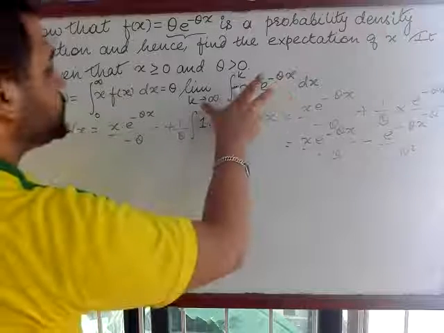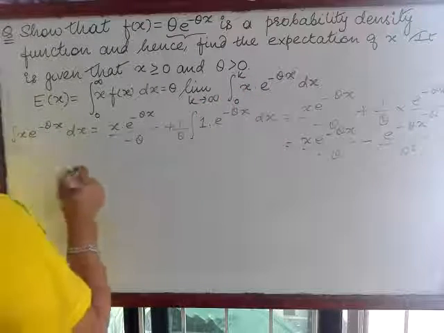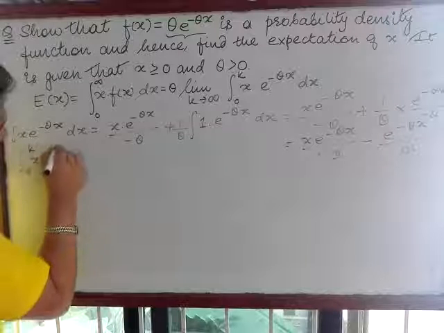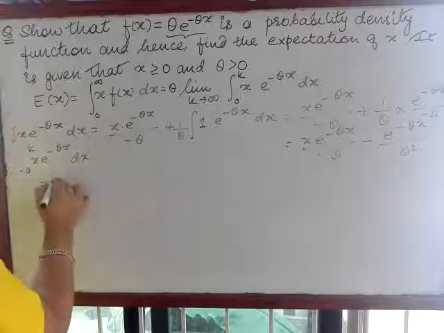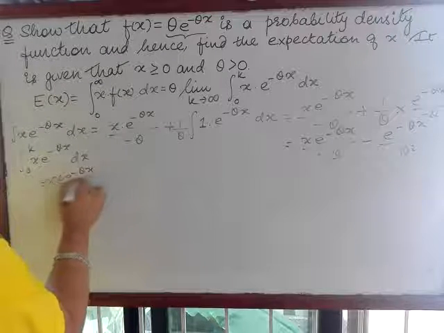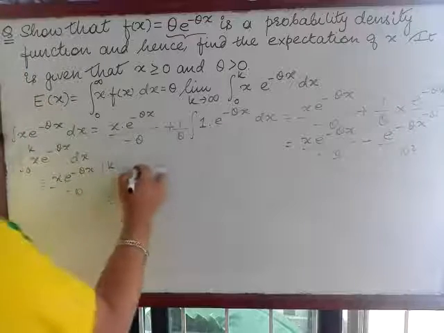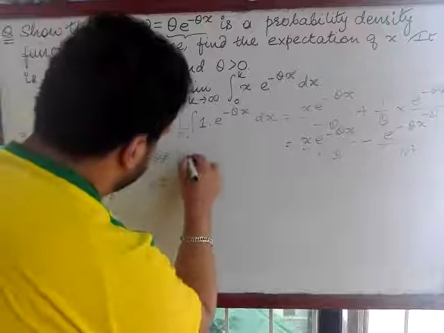So we need to apply the limits 0 to k. The integral from 0 to k of x e to the power minus theta x dx will be equal to x e to the power minus theta x by minus theta from 0 to k, minus e to the power minus theta x by theta squared from 0 to k.